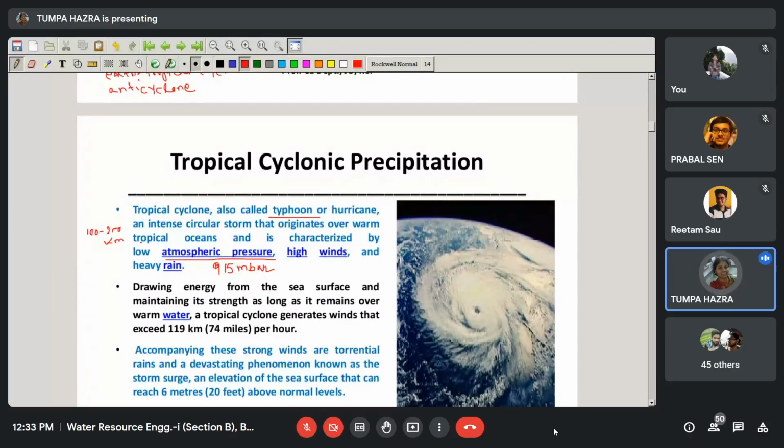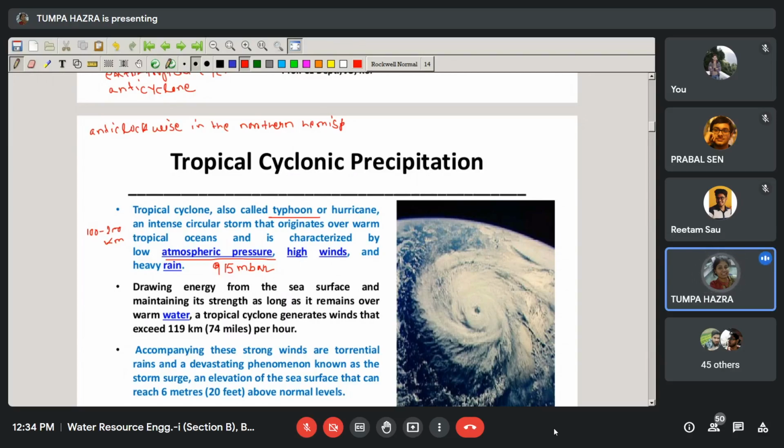And the wind is anti-clockwise in the northern hemisphere, and clockwise in the southern hemisphere.